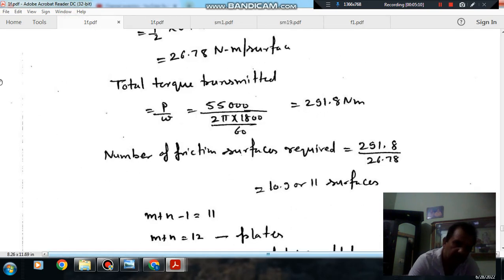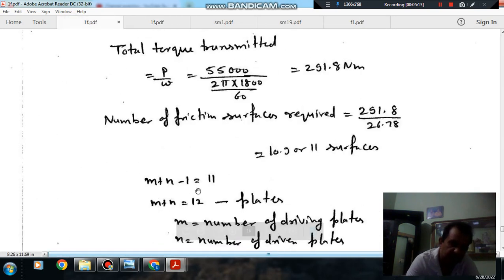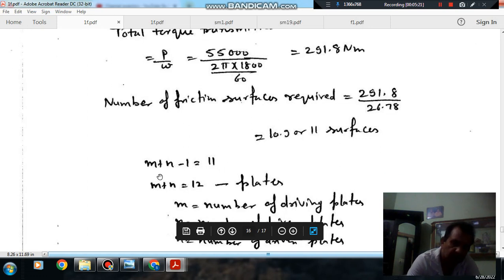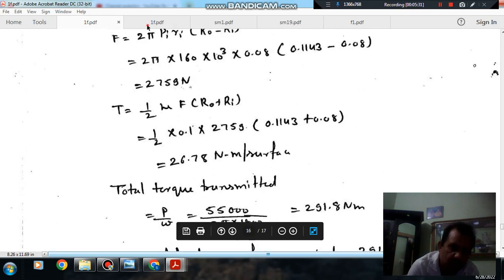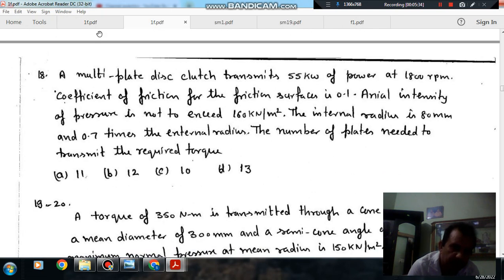The formula is: number of surfaces is m plus n minus 1, where m is the number of driving plates and n is the number of driven plates. So the number of plates comes out as m plus n equal to 12. So the answer is option D.